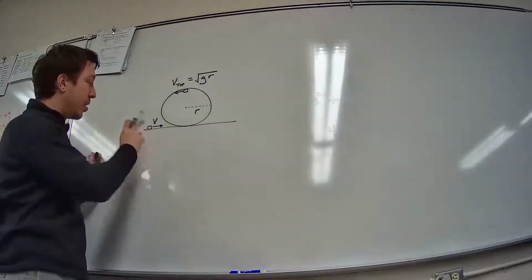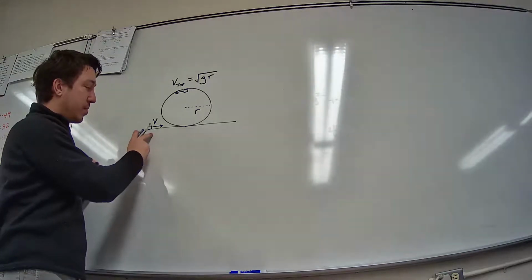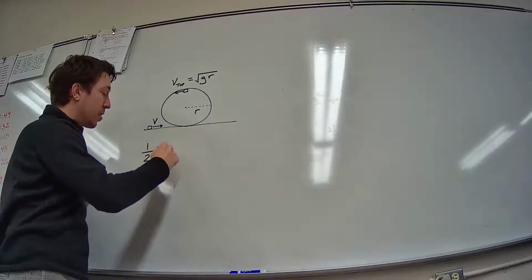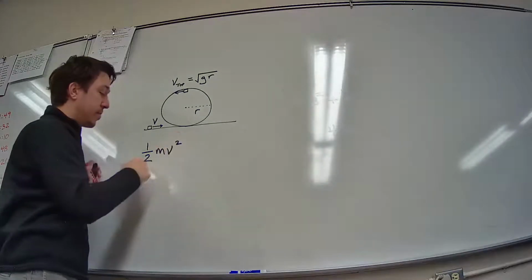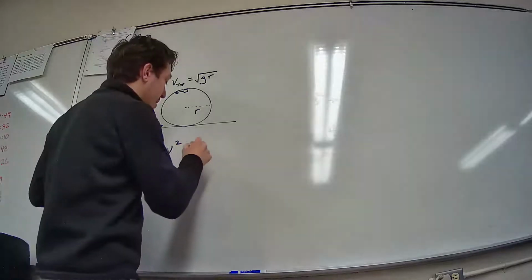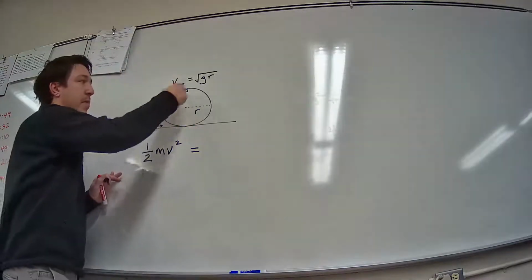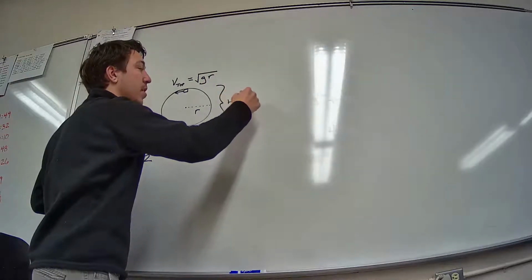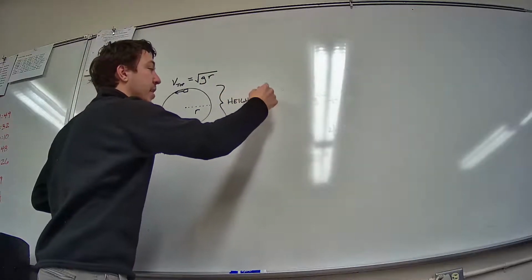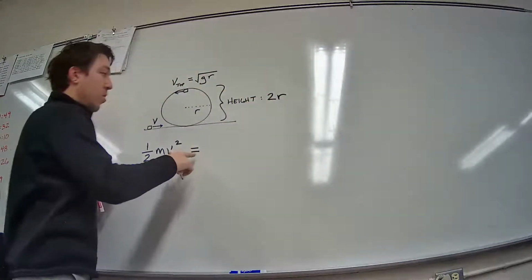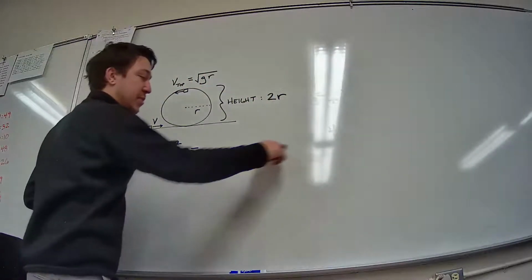So what you do is it's the same process we always do. We just calculate the total energy. Total energy down here would be 1/2 mv squared. All right. And then let's quantify the total energy up here. Considering his height, what's his height? 2r. So let's write his kinetic plus potential.